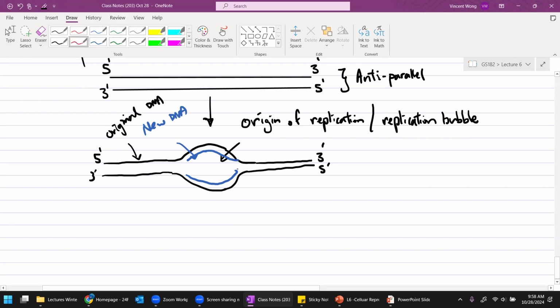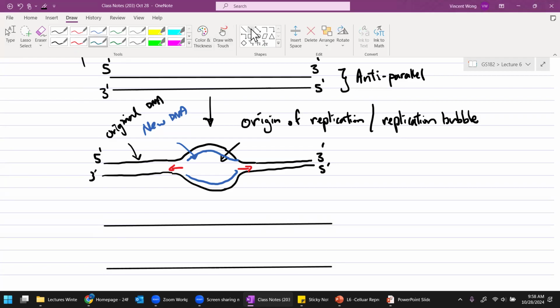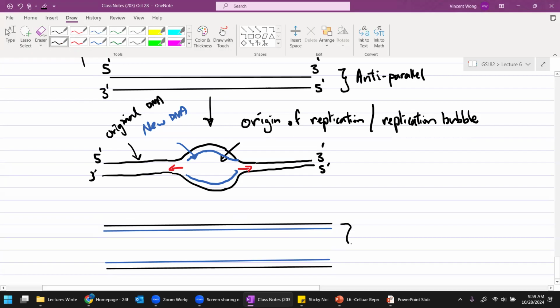And then you will expand sideways until in the end, you end up having something like this. Here you have 2 copies. 5' to 3', 3' to 5'.